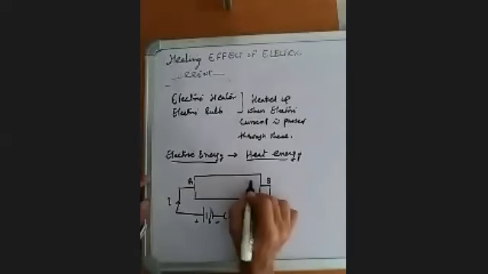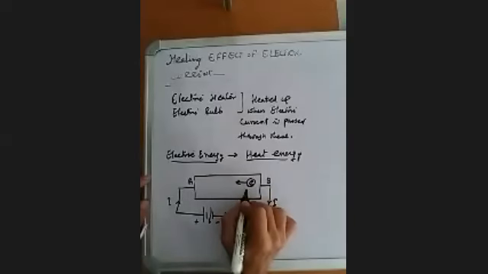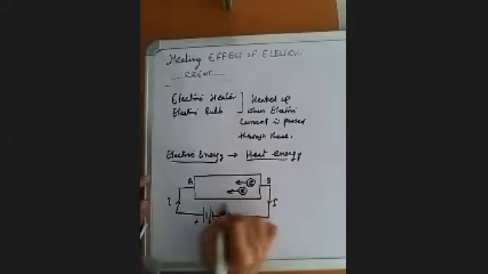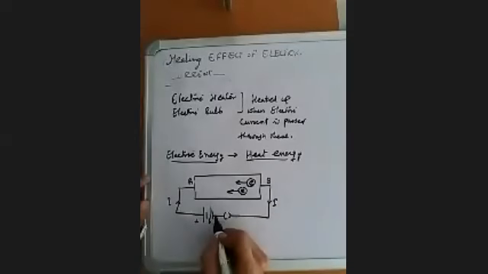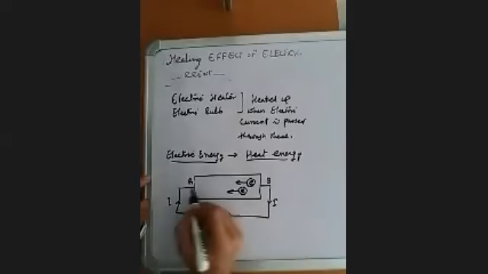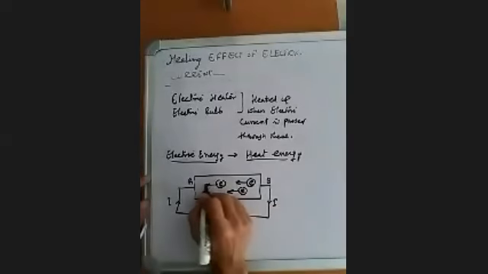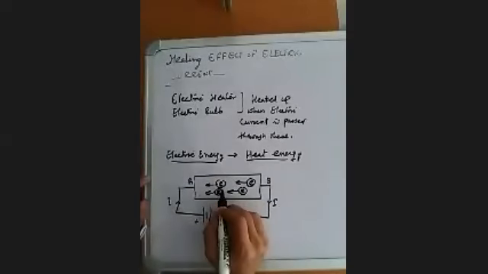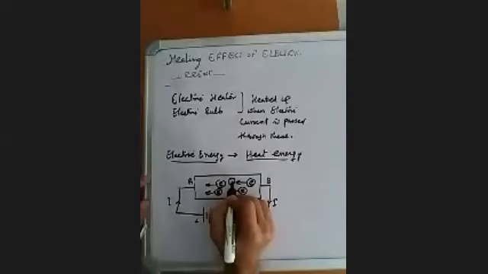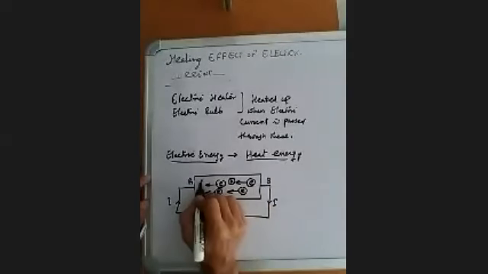Then the electrons start flowing in the direction opposite to the direction of the current. Electrons flow from low potential, that is the negative end of the battery, to the positive end. When they flow, they do not get a free path. So they collide with each other, as well as with the ions or atoms present in the body of the conductor.